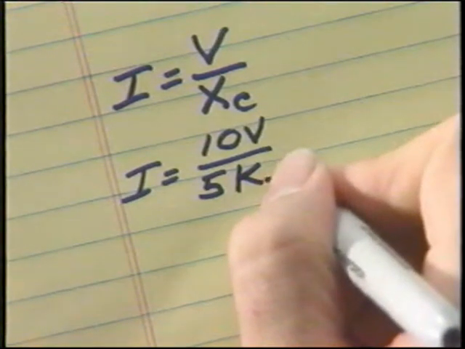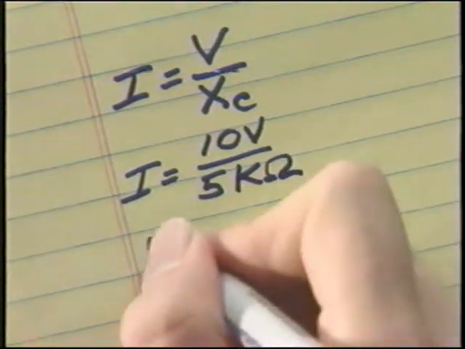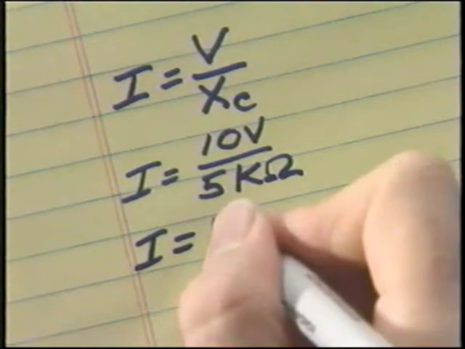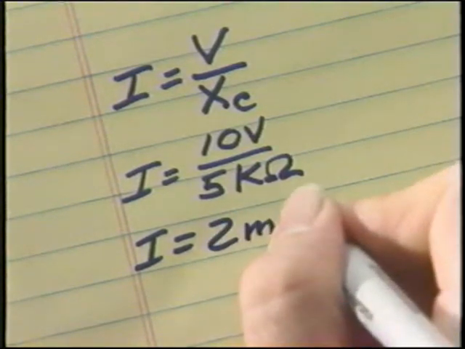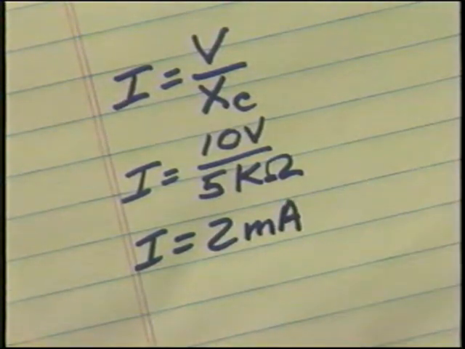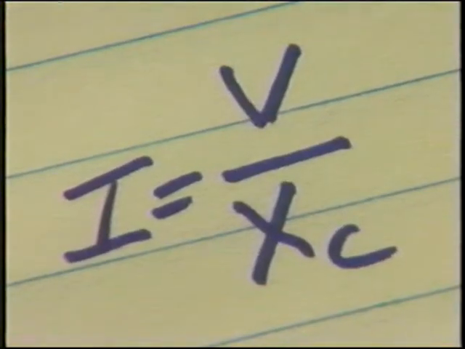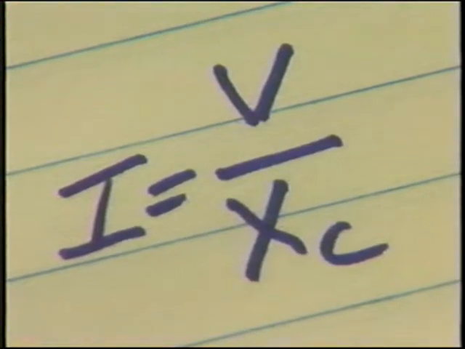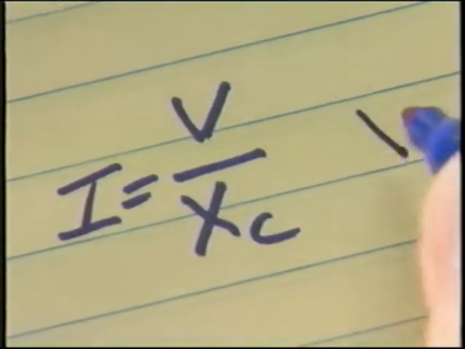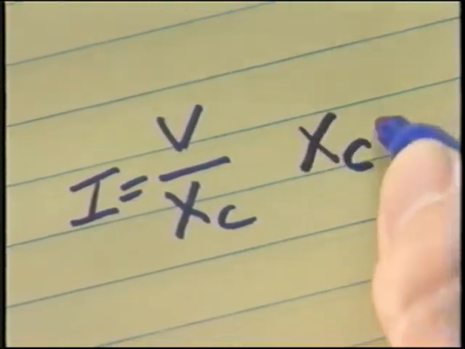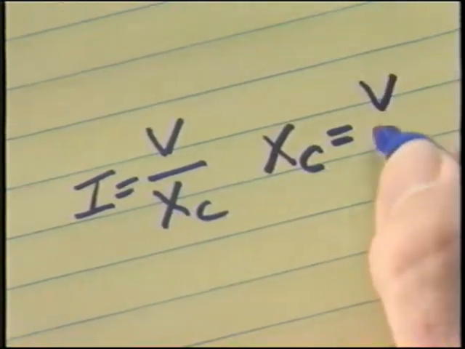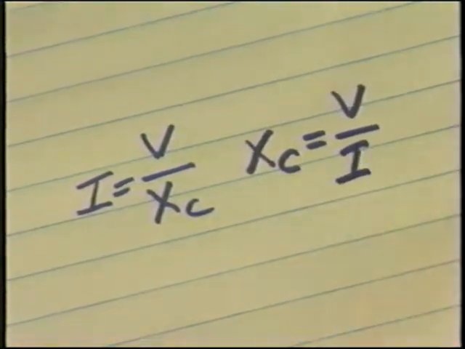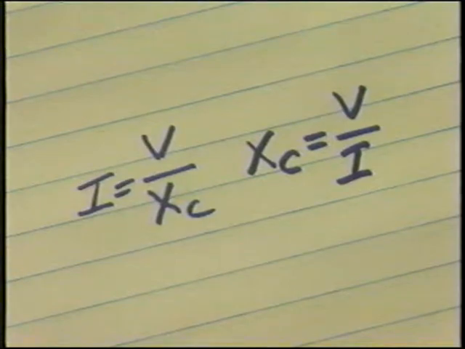Substitute the values into the equation to get I equals 10 volts divided by 5 kiloohms, yielding a total current of 2 milliamps. What else do you notice about this new version of Ohm's law? By solving for a different variable, you can derive another formula for capacitive reactance: X sub C equals V divided by I.